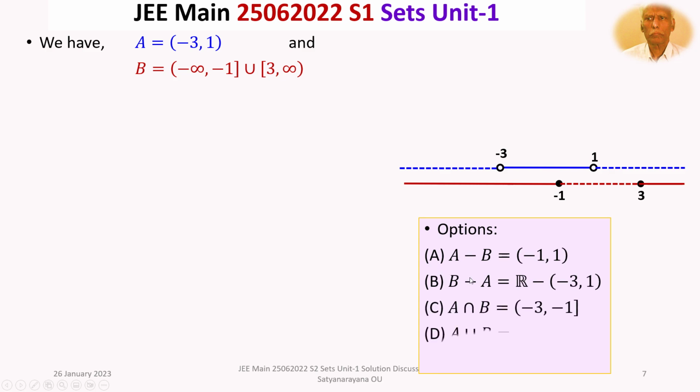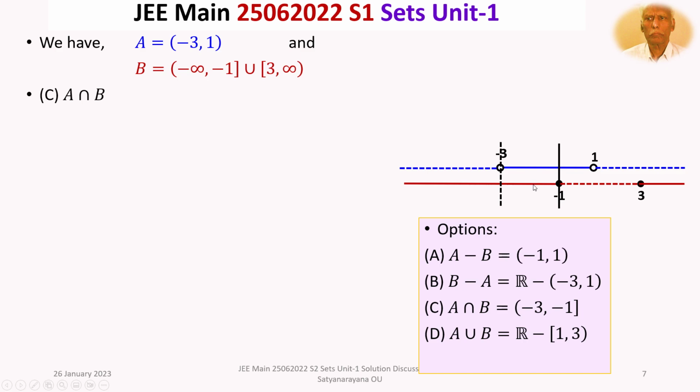The easiest for me is option C. Let me check A intersection B. Option C, A intersection B. That means the common part between A and B, that is these ones, the bold-faced lines. That's the commonality. So what is common?